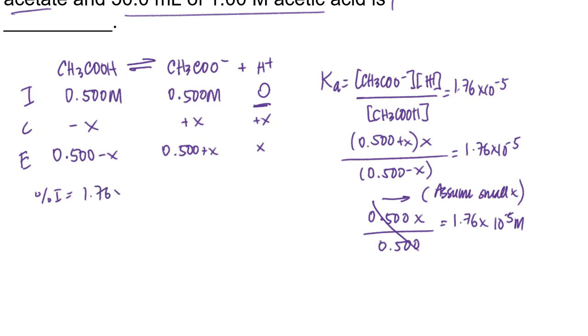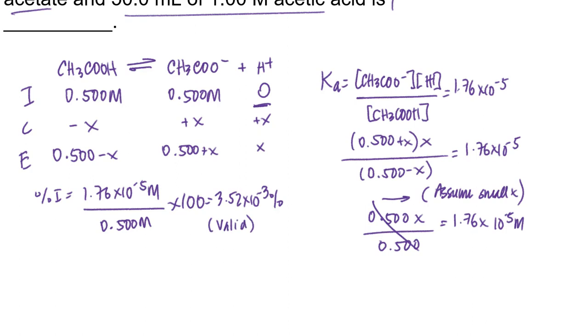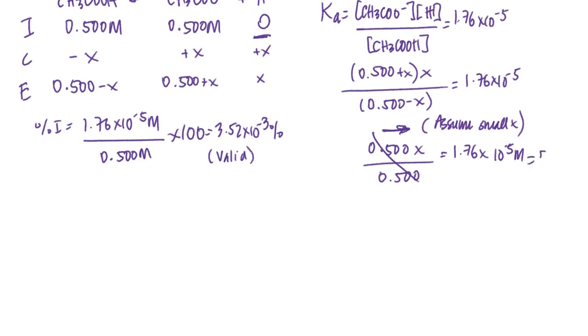That's 1.76 times 10 to the negative fifth molar divided by 0.5 molar times 100, and I get a percent ionization this time of 3.52 times 10 to the negative third percent. So clearly much smaller than 5%, which means this assumption is valid. That means my 1.76 times 10 to the negative fifth molar is a proper estimation of my proton concentration.